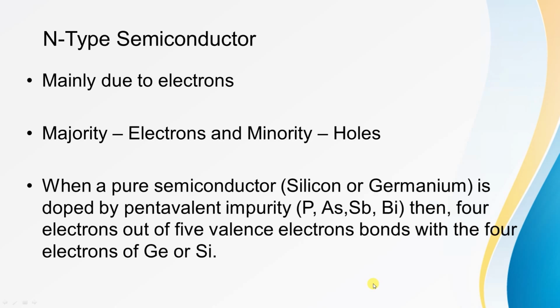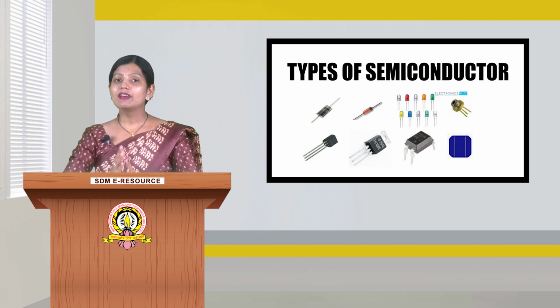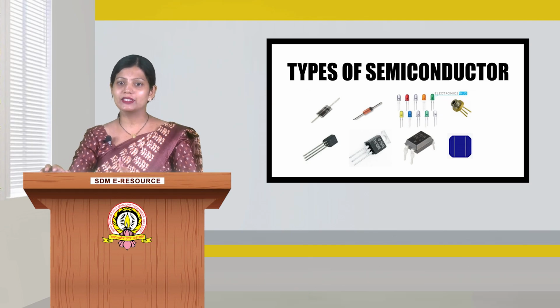When a pure semiconductor like silicon or germanium is doped with a pentavalent impurity, then 4 electrons out of 5 valence electrons bond with the 4 electrons of germanium or silicon. N-type semiconductor is obtained by adding pentavalent impurity. Pentavalent impurity atoms have 5 valence electrons in their outermost orbit.